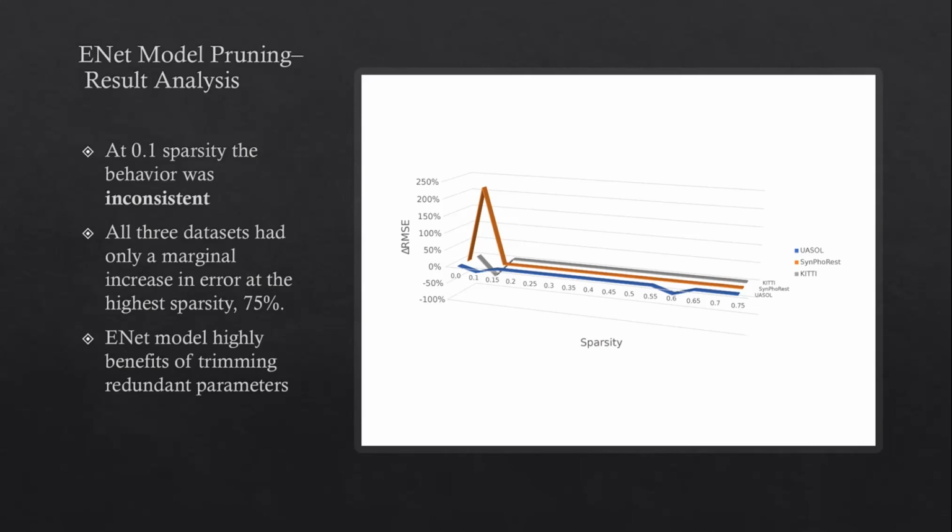However, after that, all of them stabilize up to 75%. You can see that it barely changes any of the RMSE values and stays steady at almost 0%. Therefore, we can say that the ENet model highly benefits from training redundant parameters, and we can easily put 75% sparsity as our goal, which lowers FLOPs by half and still maintains the same accuracy.